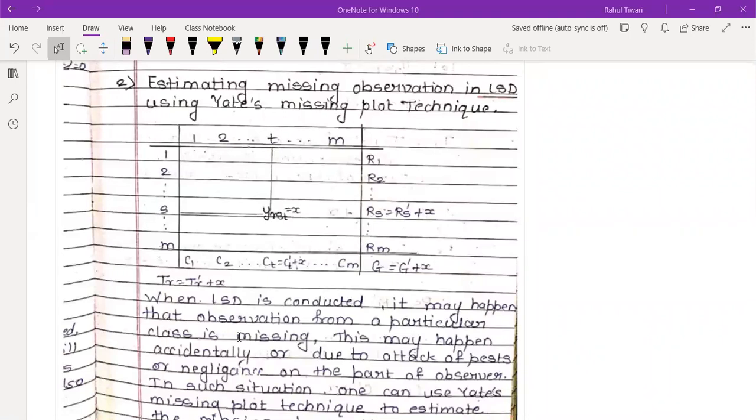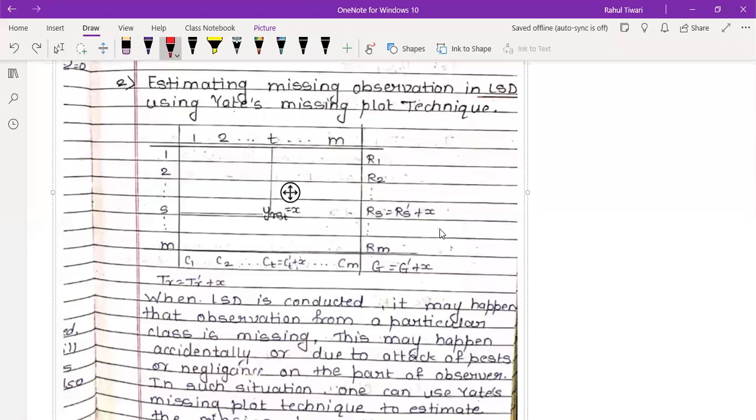You know the model for LSD, right? These models are basically automatic: the data is given to you, and you can identify the model. No problem at all. You can understand how the model works. Fine. So if I write this 1, 2 up to M, there are M observations. Similarly 1, 2 up to M, because we have equal rows and equal columns.